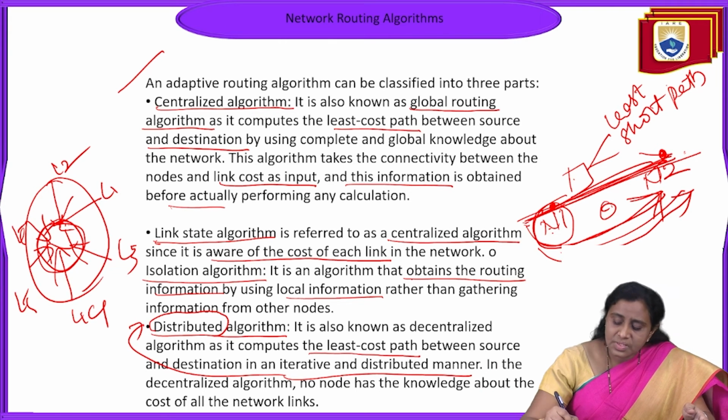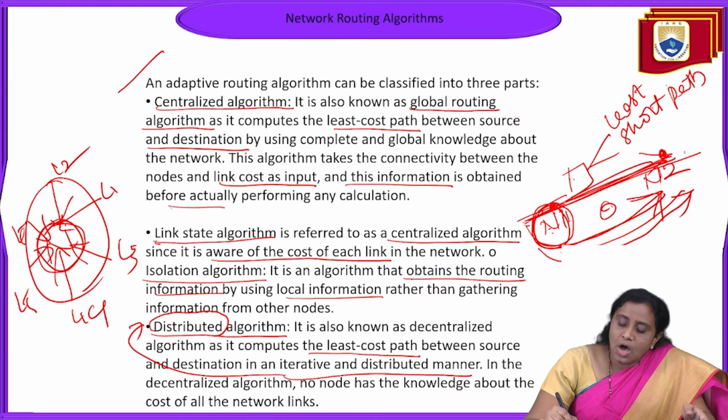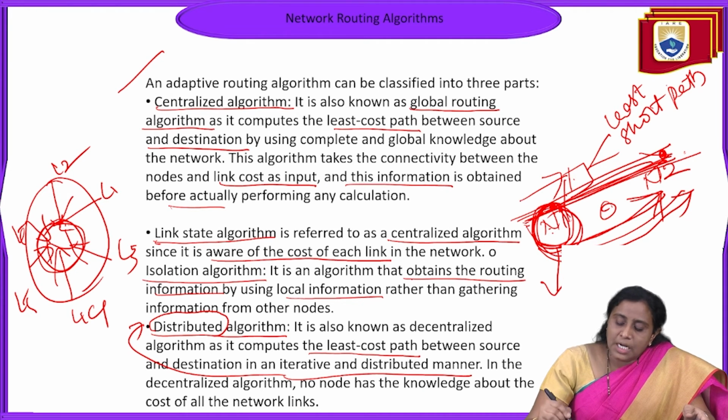That means a single node, the starting node, doesn't have any knowledge about the cost of all network links, how many packets will travel from one node to another, how the network is linked through multiple links, or whether they can transmit any number of packets from one node to another node.